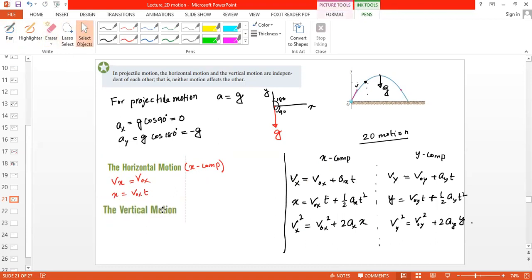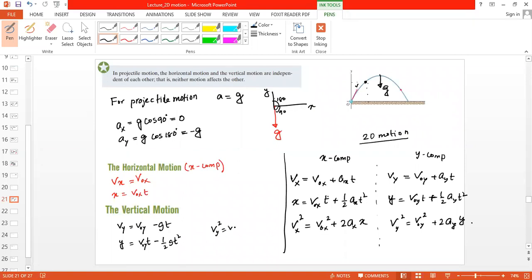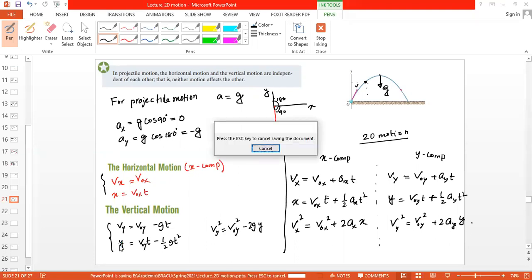And about the vertical motion, I can write Vy equal to V naught y minus g t, and then y equal to V naught y t minus half g t square, because ay equal to minus g, and third one is Vy square equal to V naught y square minus 2gy. So these are the equations for the horizontal and vertical motion.